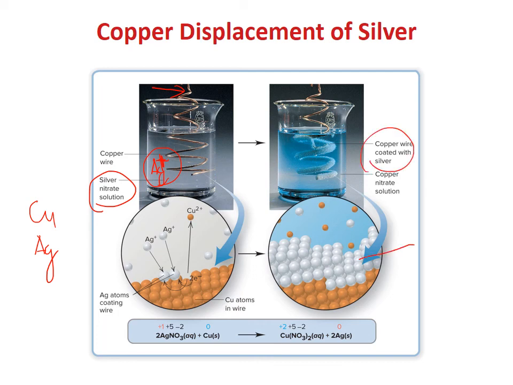This is at the microscopic level, the silver atoms, the white shining solids. At the same time, copper itself becomes oxidized, becomes copper 2+, and the copper 2+ inside the solution is responsible for the blue color.